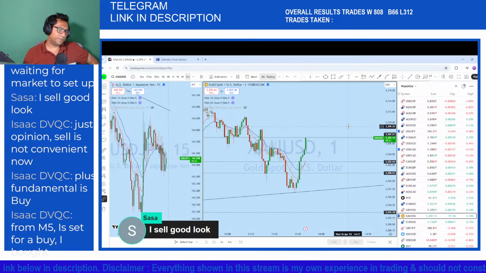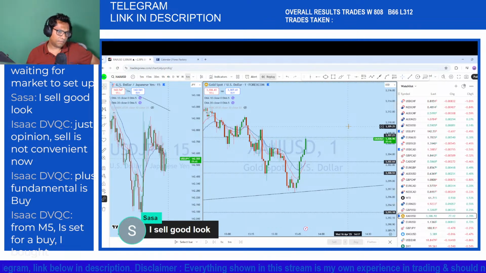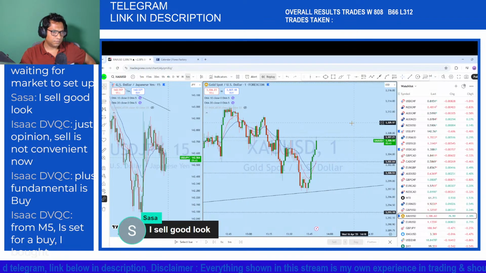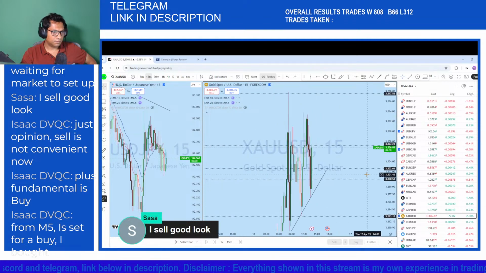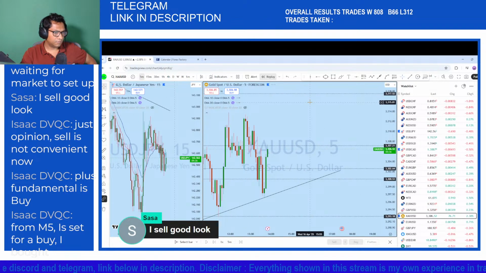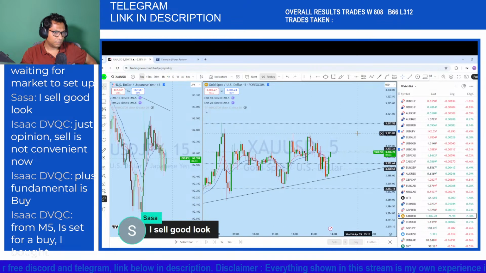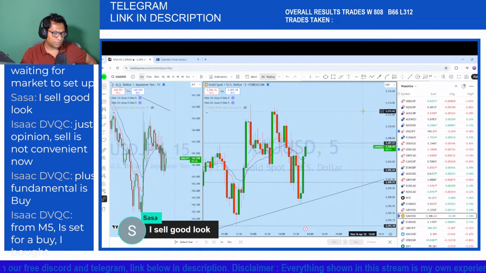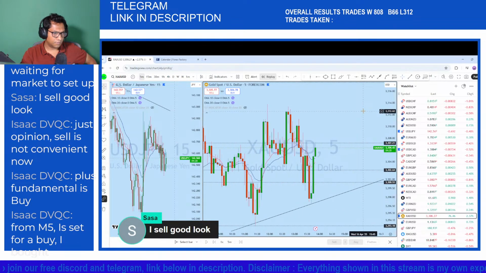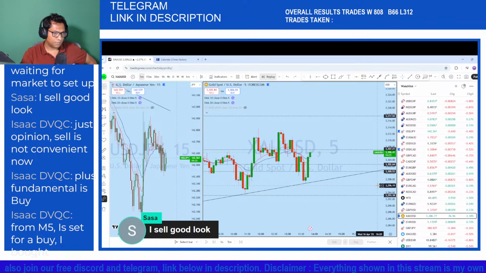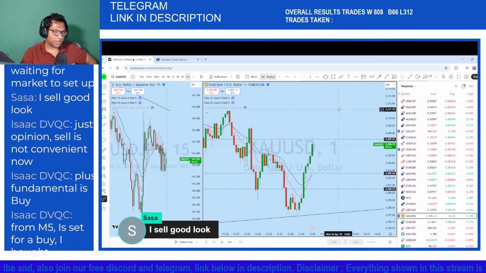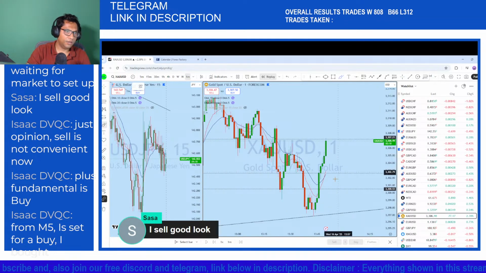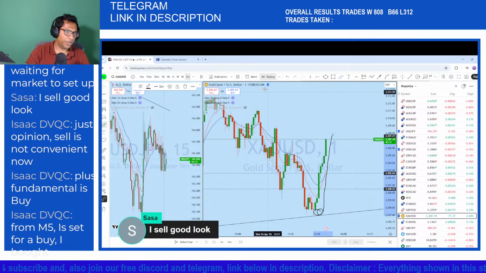Having a push back to the upside, the market trend is up, and we can see from here it is a very strong uptrend.